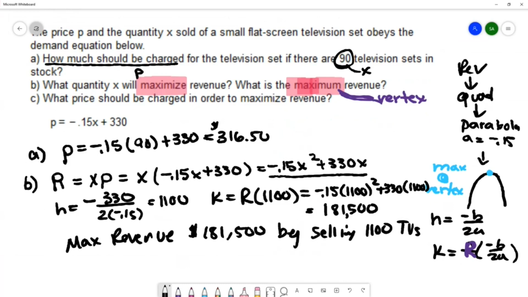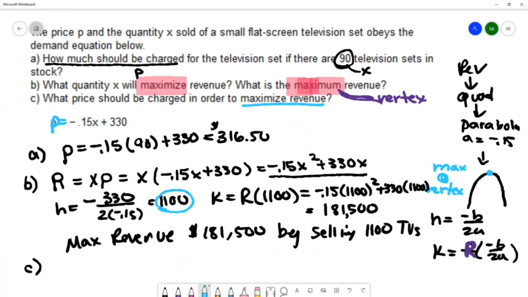We've got one more part here in part C. What price should be charged in order to maximize revenue? So remember, P, our price, is given by this demand equation. We need to sell 1,100 television sets to maximize the revenue.